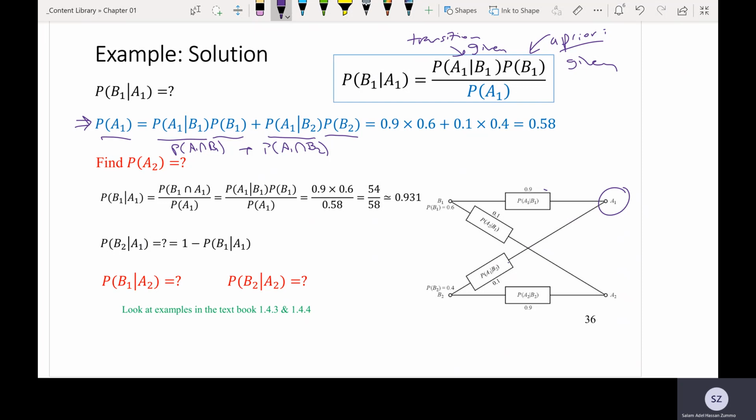Imagine this happens, instead of 0.6, let's say 0.9. So basically your source generates zeros 90% while ones 10%. You cannot just add this and this and say I found the probability, because this happens 90% of the time while this happens 10%. Clear? That is why we need to weight every probability by the condition.